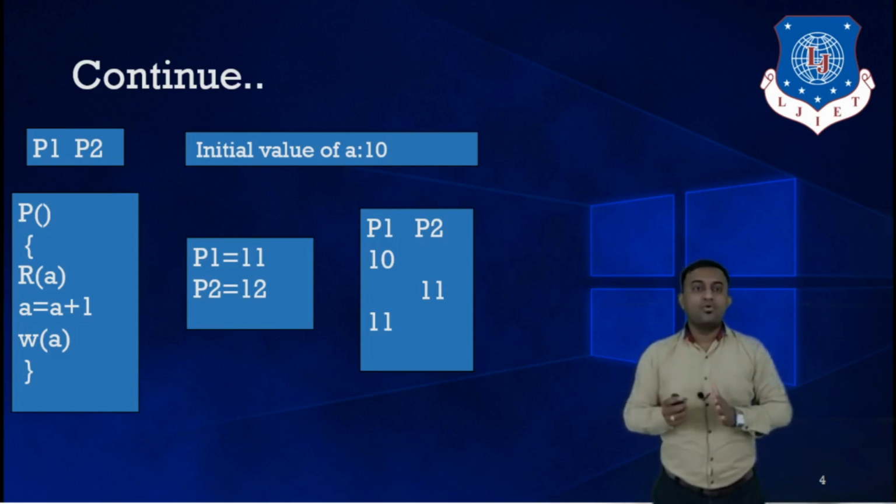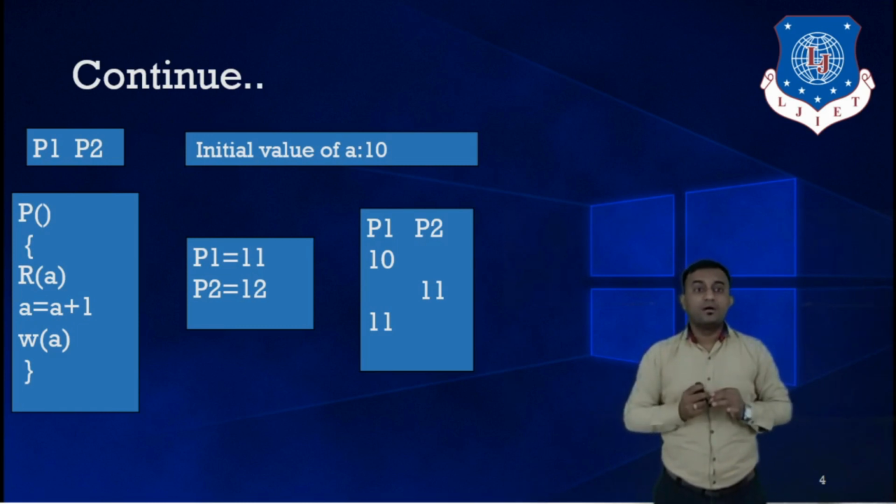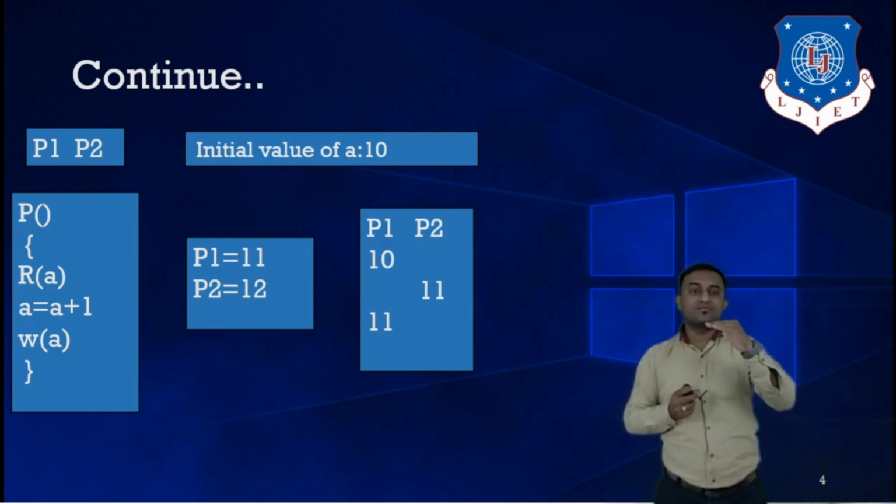Now once P2 has finished its execution, control switches back to the P1 process, because the execution of P1 was remaining. These two instructions still need to be executed. Once control is switched back, the second instruction is executed first: A is equal to A plus 1.